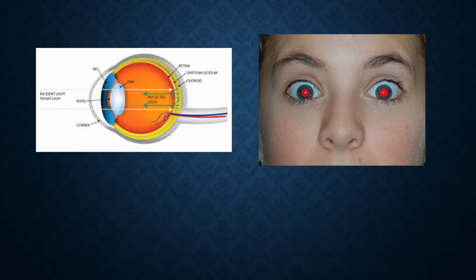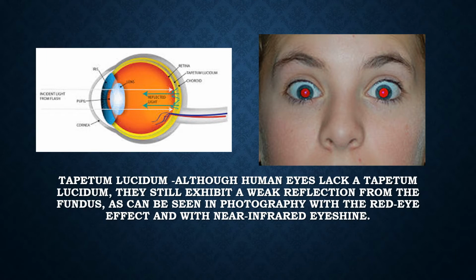Now I'm briefly going to talk about tapetum lucidum. Although human eyes lack a tapetum lucidum, they still exhibit a weak reflection from the fundus, as can be seen in photography with the red eye effect and with near infrared eye shine. So if you look at the picture to the left here, we have an image of light passing through the iris, hitting the lens, and then reflecting off of the fundus, which is just a curve of the retina.